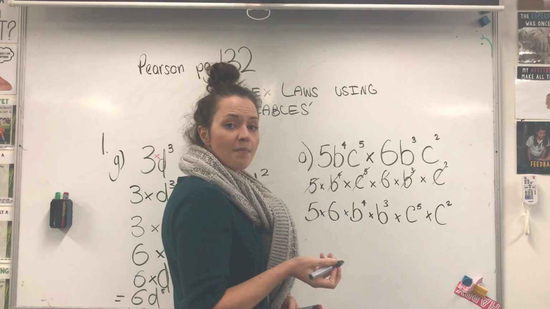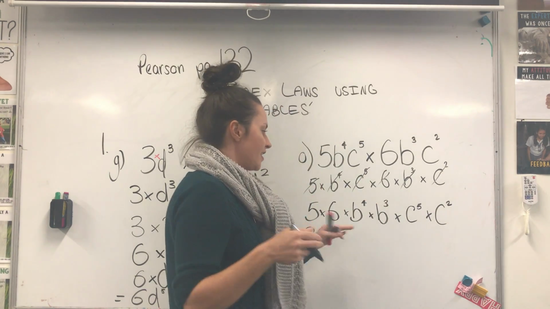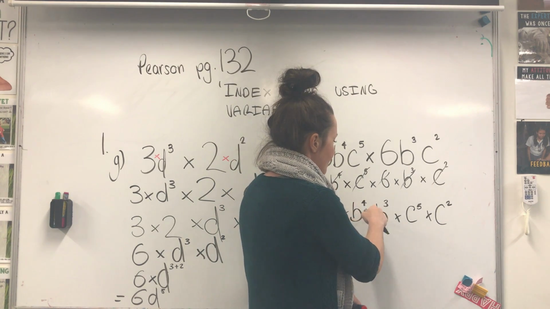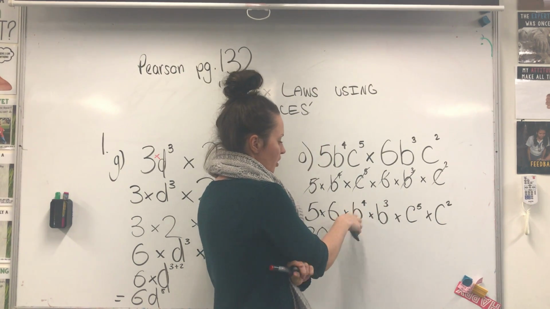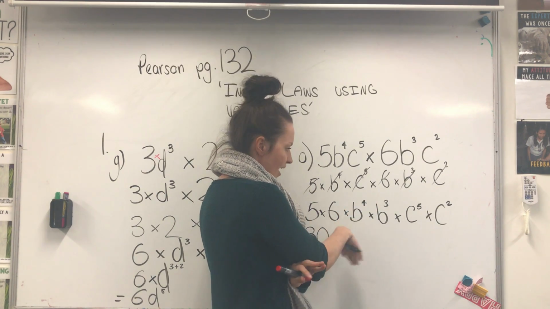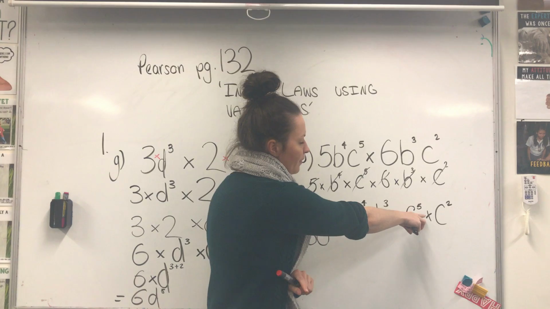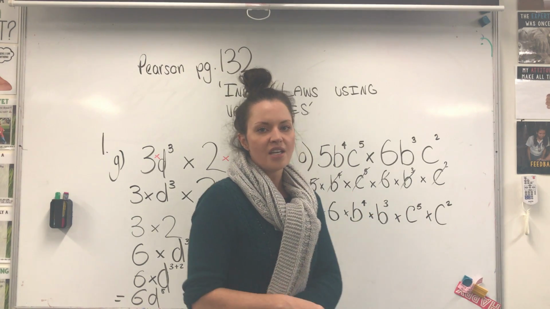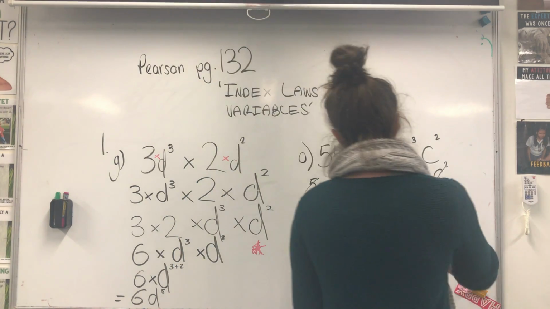So 6 times 5 is 30. And for this one, rather than doing one bit at a time, using index law 1 to go b to the power of 4 and 3 on that line, and then simplifying the C parts on the following line, I'm just going to do it all on the one line, because as you can see, it can get quite long when we're moving down.